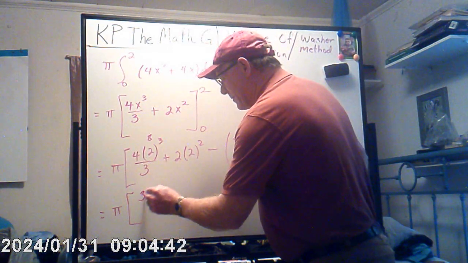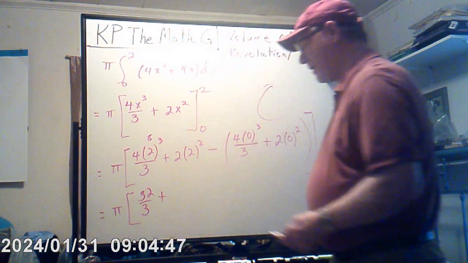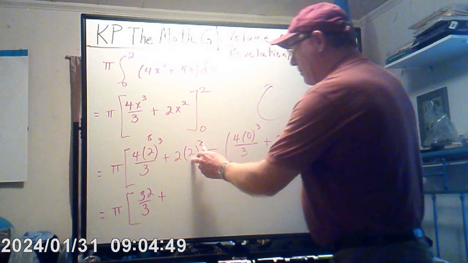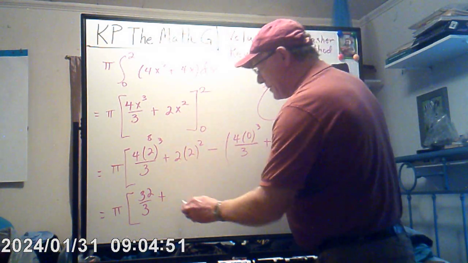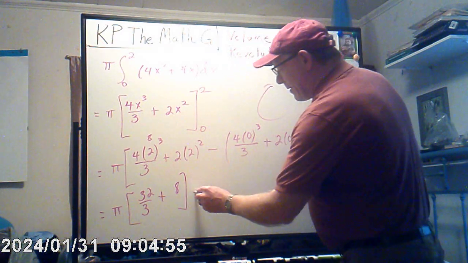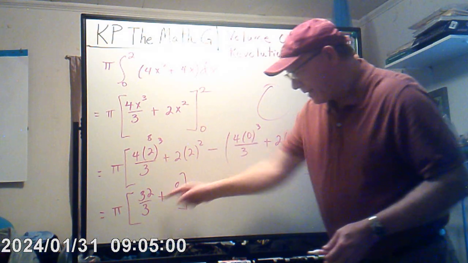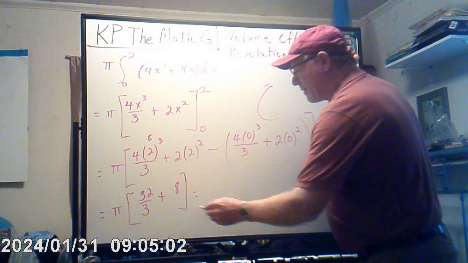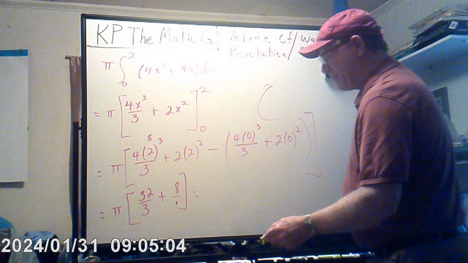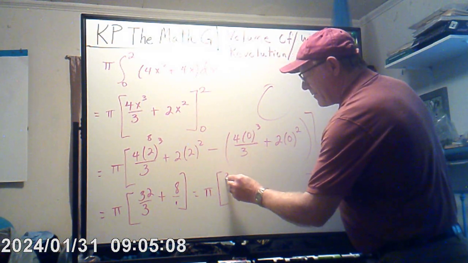So this is 32 over 3, plus 2 squared is 4, 4 times 2 is 8. And if you remember how I did this on previous videos, I multiply 3 times 8 and get 24. I'm getting a common denominator. So here's pi times 32 over 3.